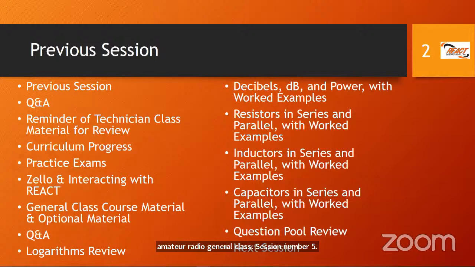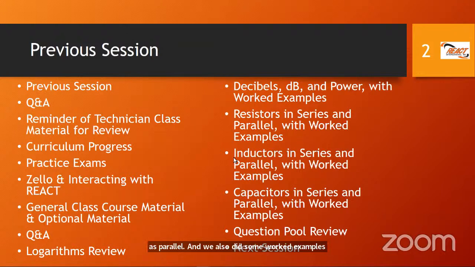During our previous session, we looked at the following topics. We had a review of logarithms. We then went on to discuss decibels, or dB, associated with power and did some worked examples. We also discussed circuits of resistors in series as well as parallel, and we also did some worked examples.